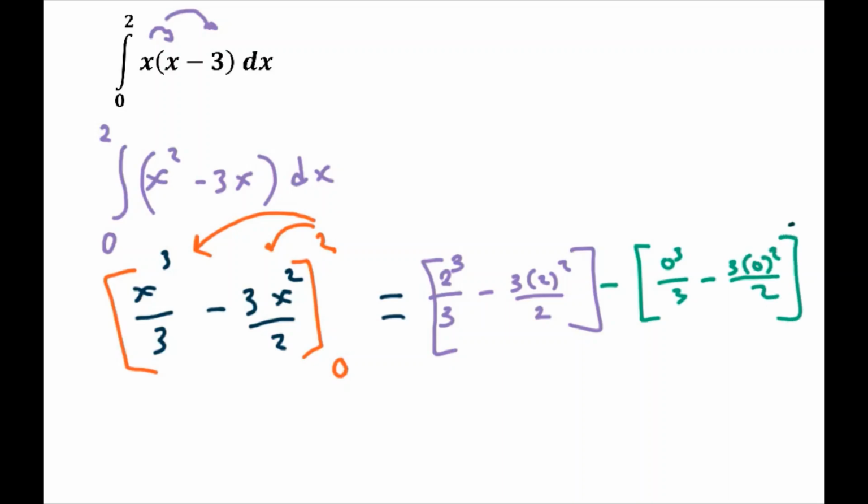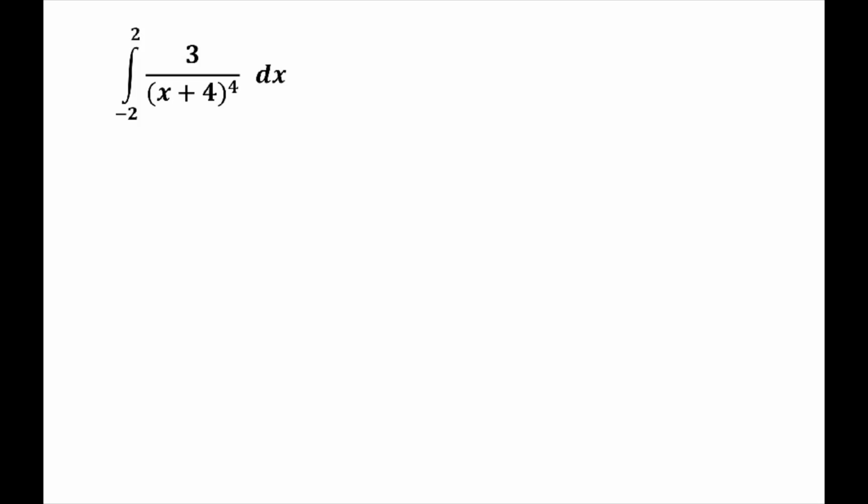We know that this is going to be 0. So here the final answer will be 8 over 3 minus 12 over 2, which is going to be negative 10 over 3. Now for this function here, in order to find the integration, you need to use the substitution method.